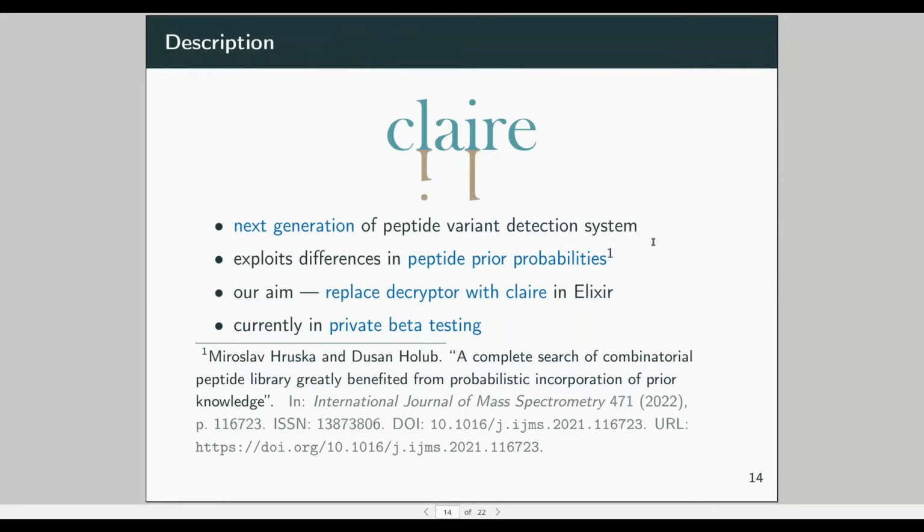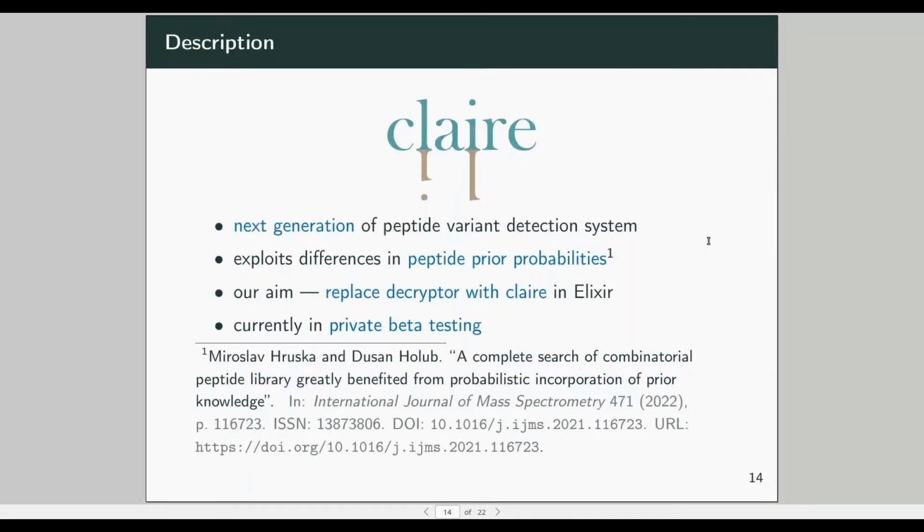In proteomics data, the molecules range over many orders of magnitude, and furthermore, the variants increase the magnitude over which these molecules are present in the sample. You can think of the peptide prior probability as the probability that a randomly selected molecule from the sample is the molecule of interest.